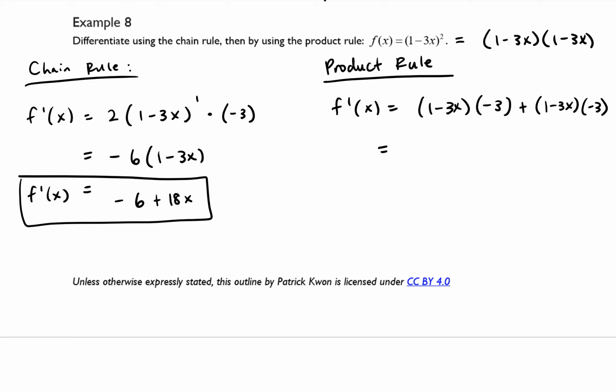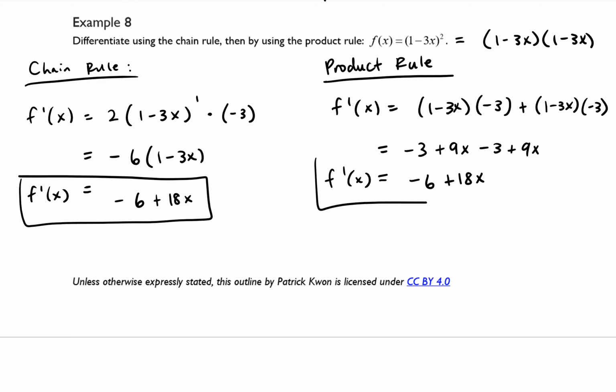And that equals, I'm going to distribute the negative 3 in, so that's negative 3 plus 9x, minus 3 plus 9x, and then if we combine our like terms, we get negative 6 plus 18x. So we can find the derivative using either of those methods.